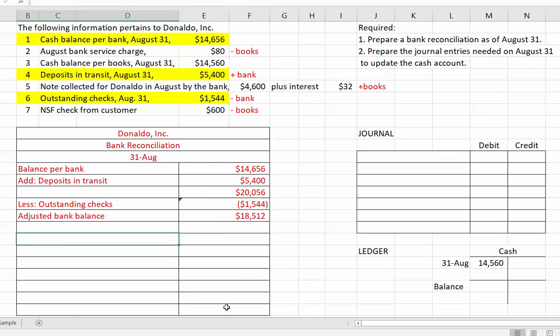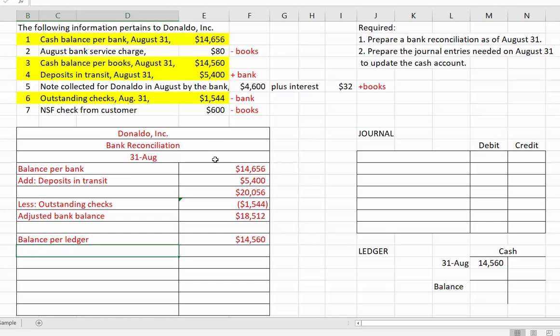We want to make sure that down here, our adjusted balance per books comes to the same amount. Okay, all right, so now we have balance per general ledger or per books, whatever you want to call it. Balance per ledger is equal to 14,560.